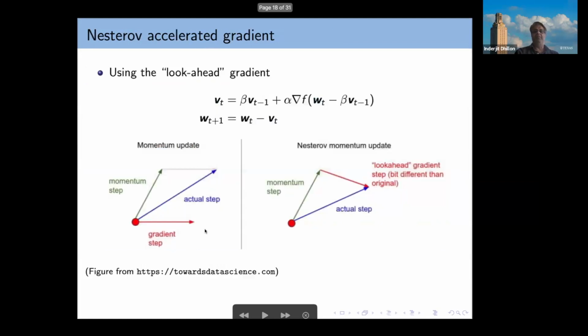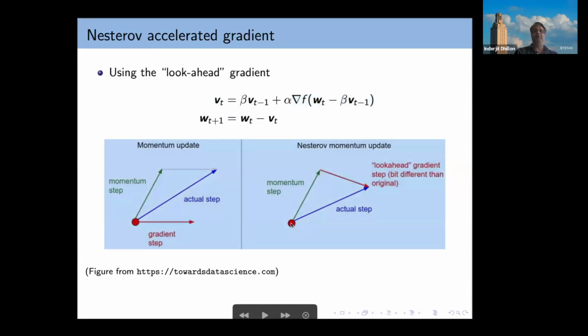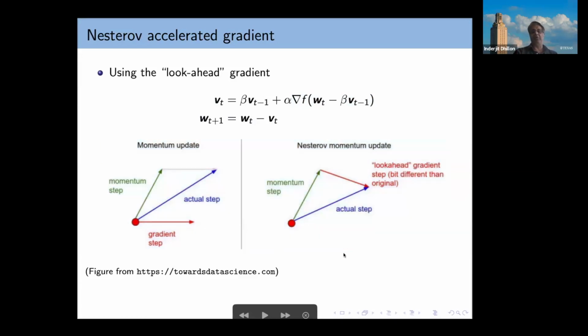Whereas in Nesterov, you take the gradient at a different point. For example, in this figure, you take a momentum step and then you take a gradient, which is slightly different from taking the linear combination of the gradients. You can think of this as a look-ahead gradient step. In many cases, Nesterov accelerated gradient can work better, although I think its importance has decreased in training large neural networks.